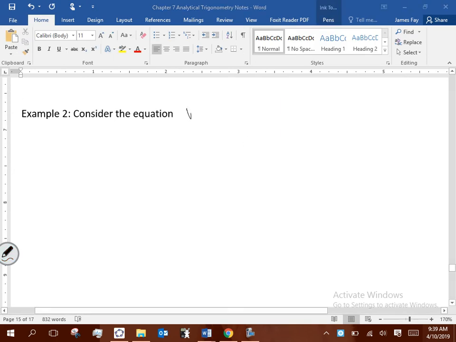So I had radical 3 sine of theta over 2 minus, let's do it this way, because that's not going to be really nice. Let's go do this.